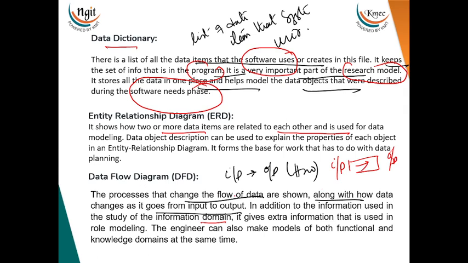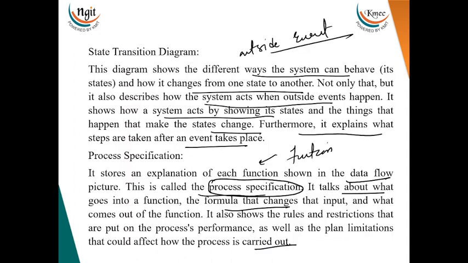If you give an input, what will be the output, and what are the processes it works through? It gives extra information used for the whole model. The engineer can also make a method for both the functional and knowledge domains. So the data flow diagram shows how the data changes from input to output.